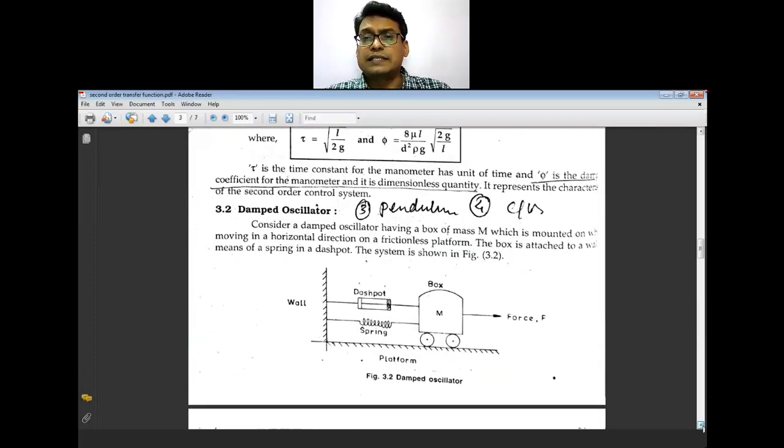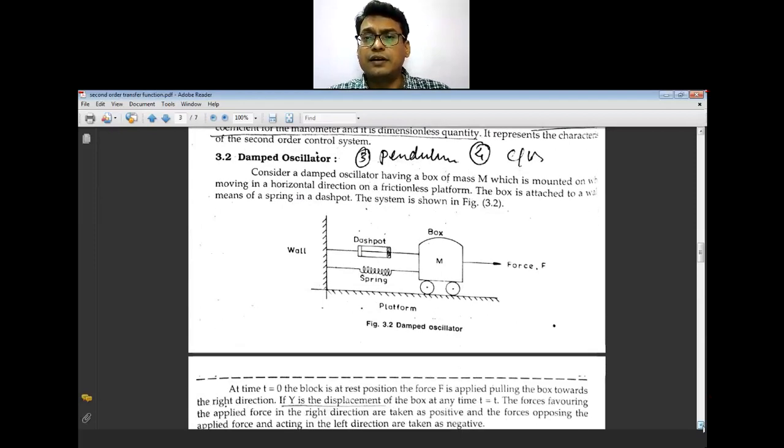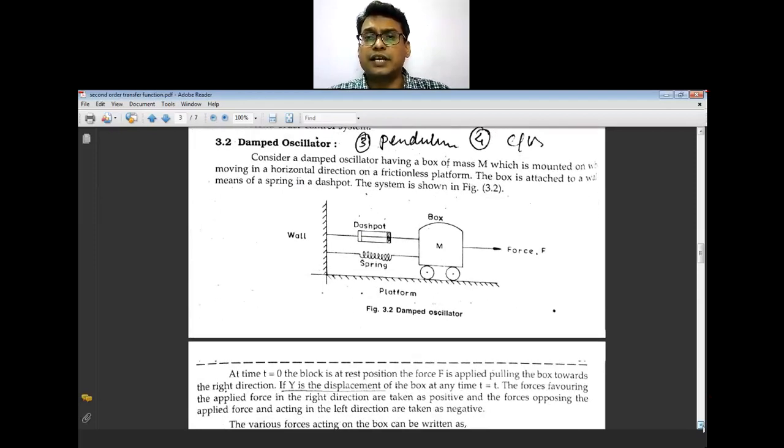Now the second example is the damped oscillator. What is this damped oscillator? A block of mass m is moving on rollers, and it is attached to a dashpot and to a spring.